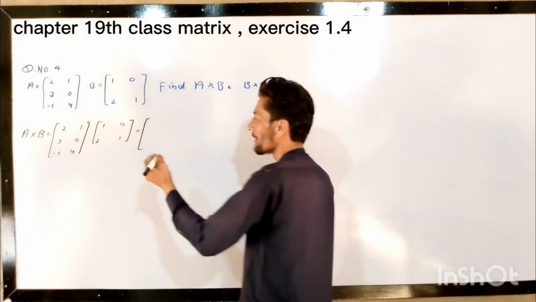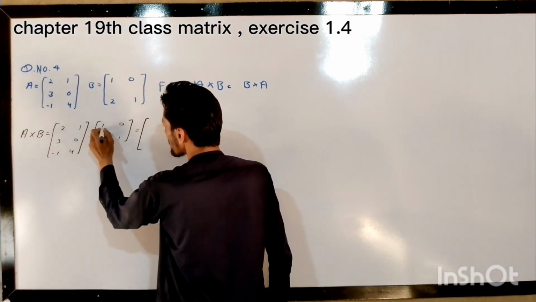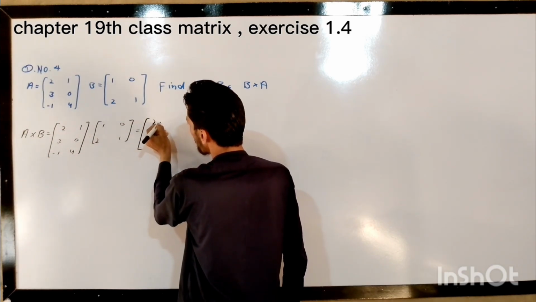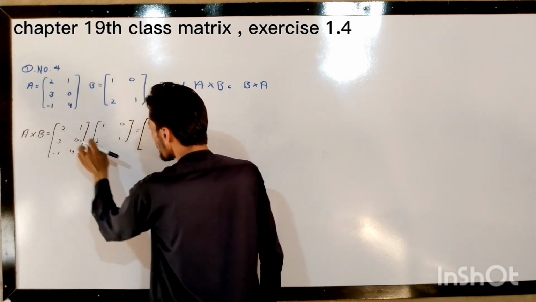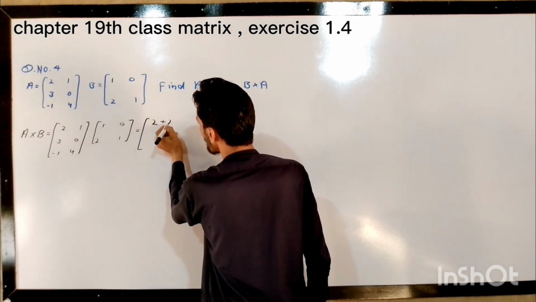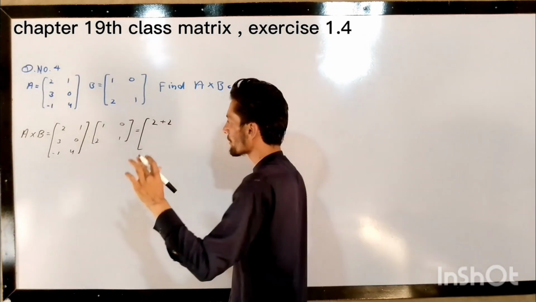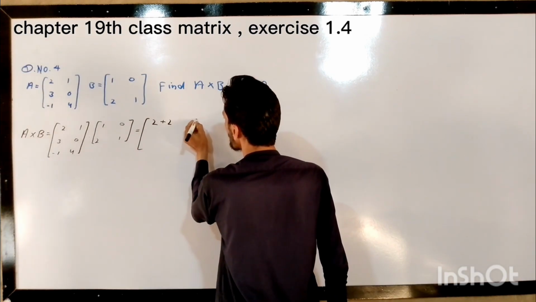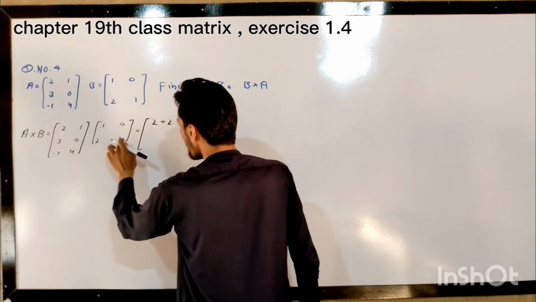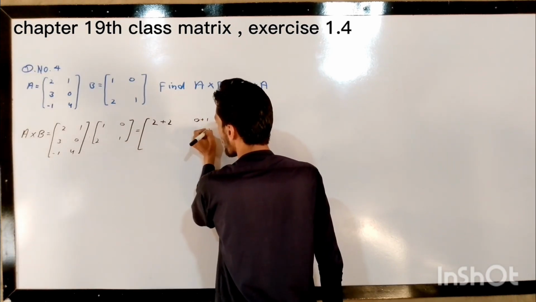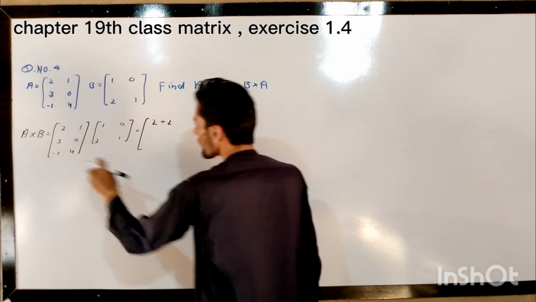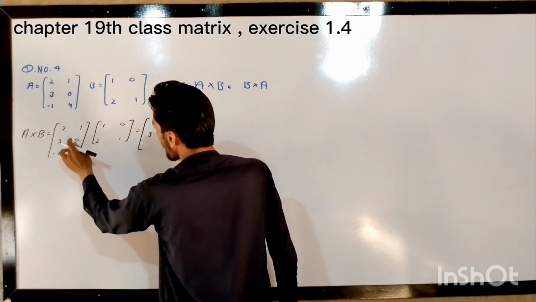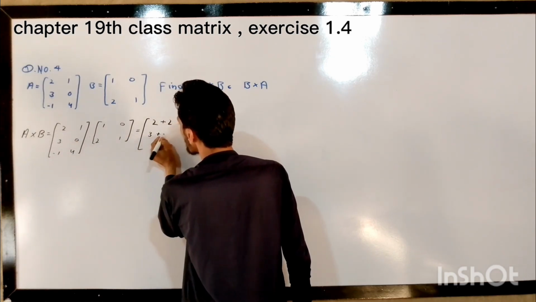Okay, I'm also happy. So A cross B: 2 cross 1 will be equal to 2 plus 1 cross 2 will be equal to 2. The first row finished. Now the second one. 2 cross 0 will be equal to 0. 1 cross 1 will be equal to 1. Okay. Now the second one. 3 cross 1 will be equal to 3. 0 cross 2 will be equal to 0.